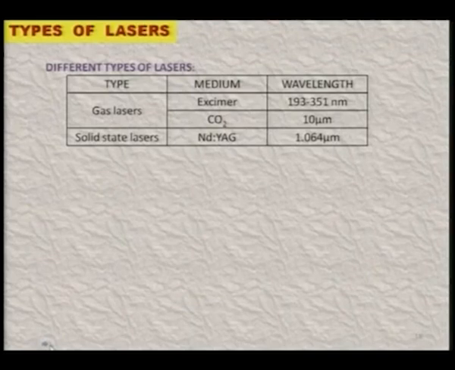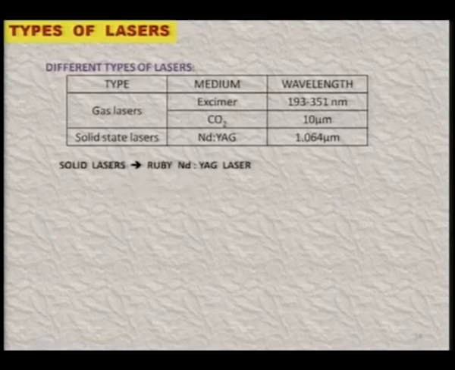Then you have a CO2 laser which has around 10 micrometer as the wavelength, and in case of solid state laser, the most popular one is the Nd:YAG laser, which has around 1.064 micrometer as the wavelength.